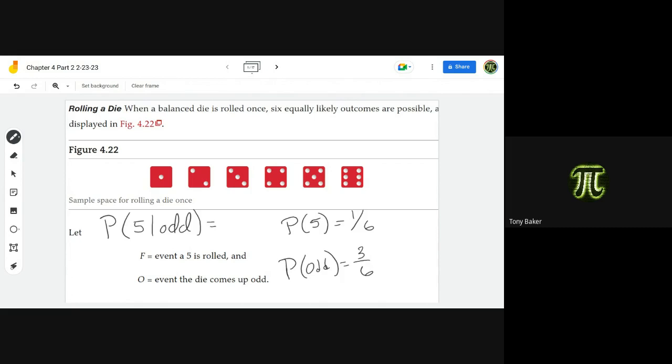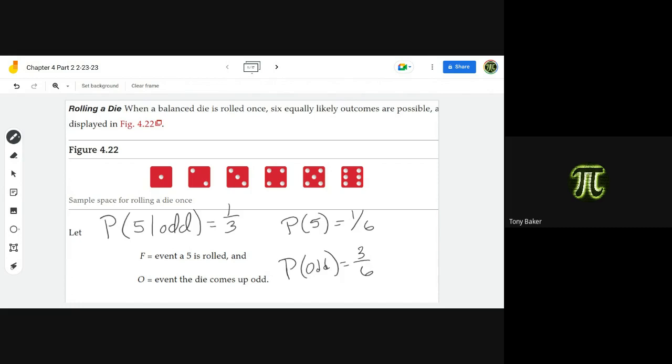So conditional probability is where we're looking at an event, and then we're looking at that event in relation to another event. So if I know I have an odd number, the odds of me getting a 5 is 1 out of 3 because there's 3 odd numbers. So we're not going back to the total.